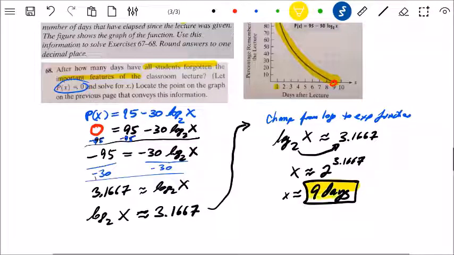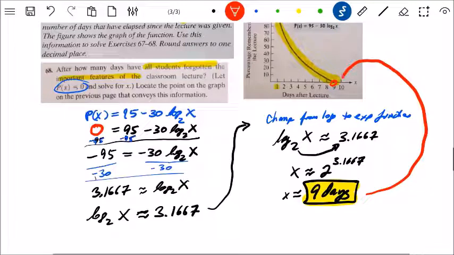And notice that that 9 days does indeed match on the graph. We didn't have to have a graph to do it, but it does match. The techniques, though, we use are exactly the same. The only difference on this was that we put a 0 that it would be equal to, and we subtracted and divided, and then applied changing from logarithmic to exponential functions.